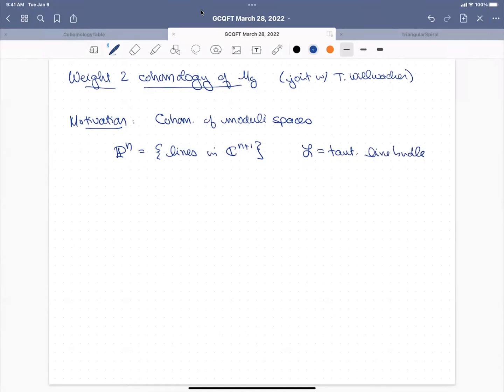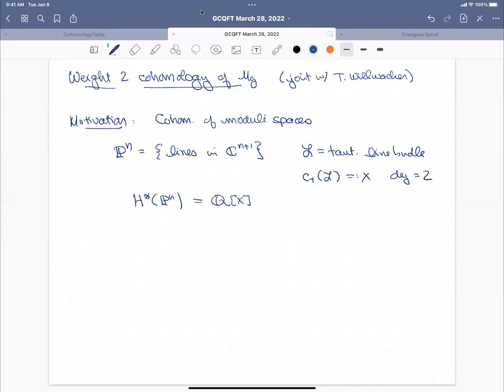And it has a characteristic class, which is the first Chern class. And so let's call that X. And then the cohomology of P^n, well, it has to have X in there. So there's Q adjoin X. And then the degree of X is 2, because it's the first Chern class.